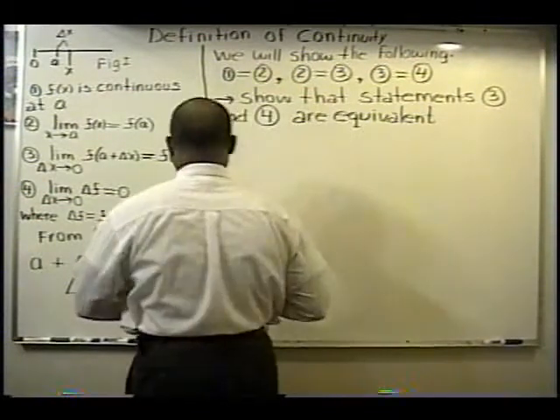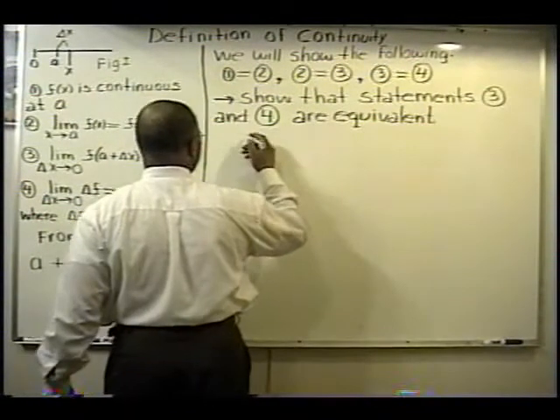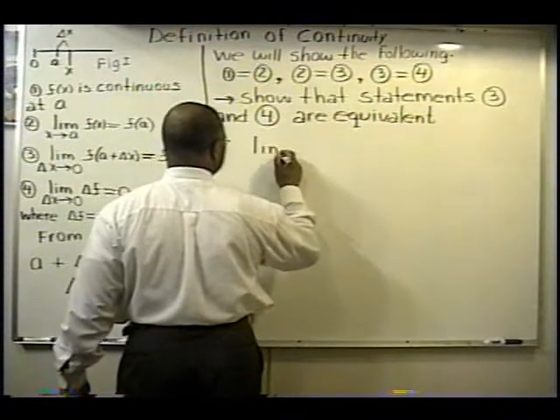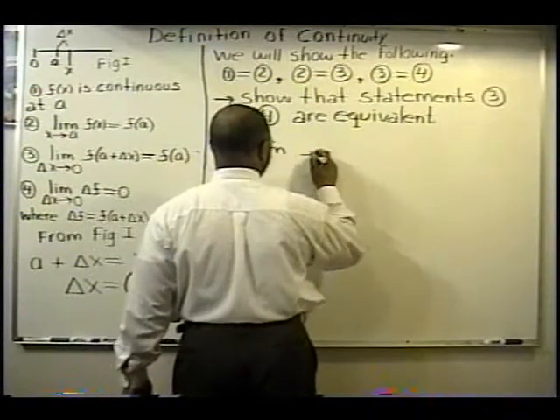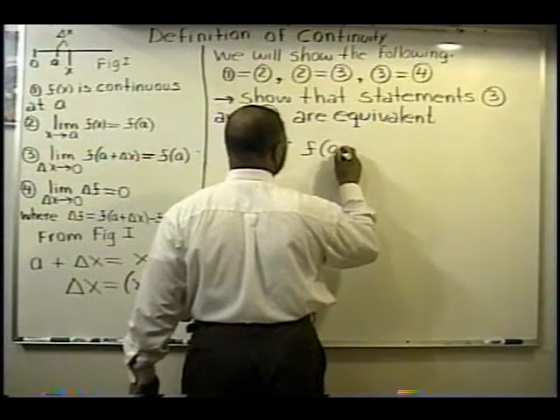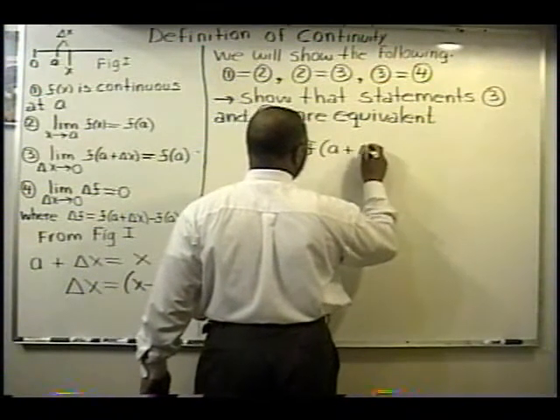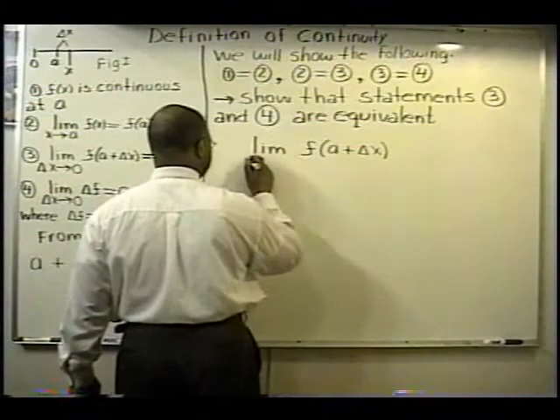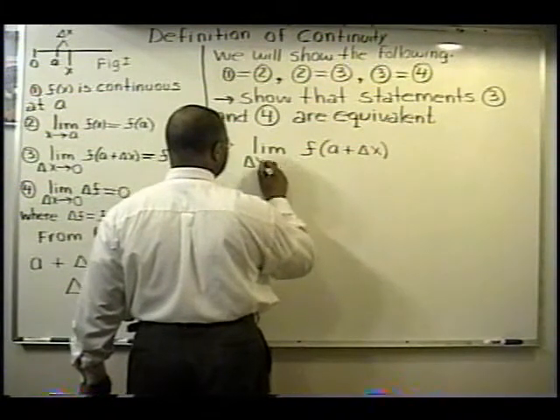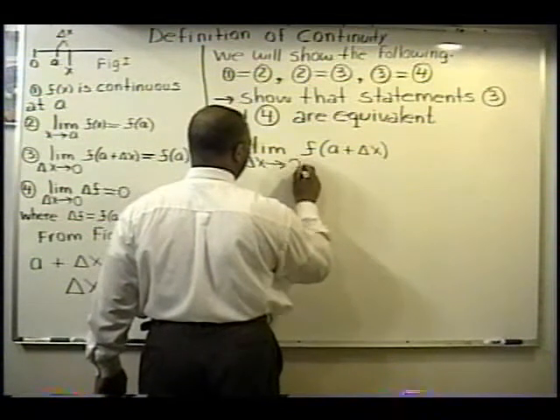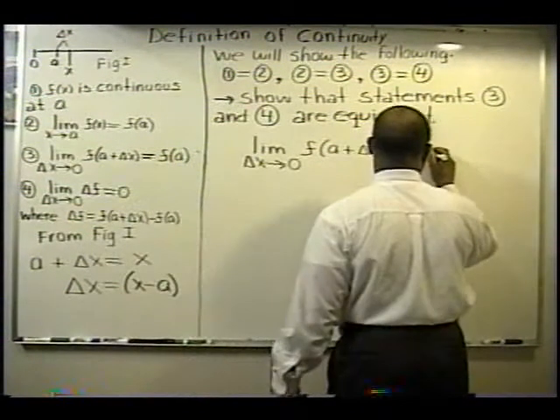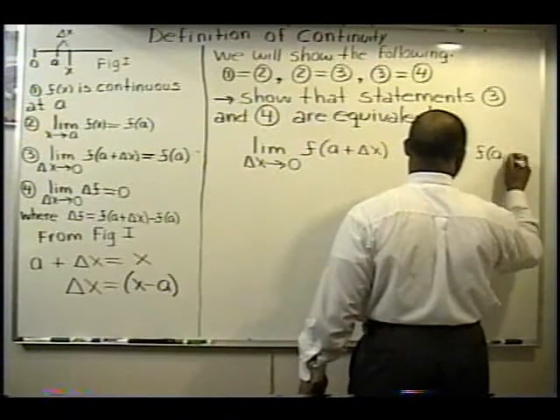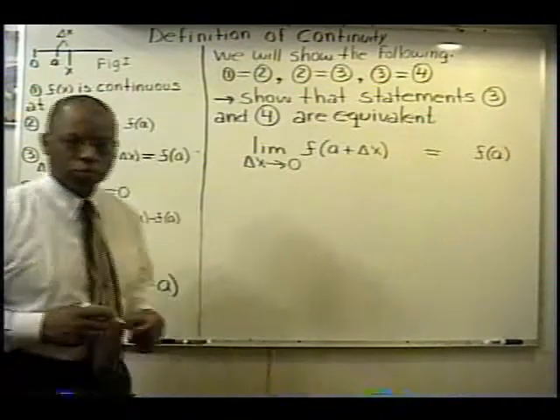What we're going to do is take this equation. We have the limit of f of a plus delta x as delta x approaches 0. That's equal to f of a.